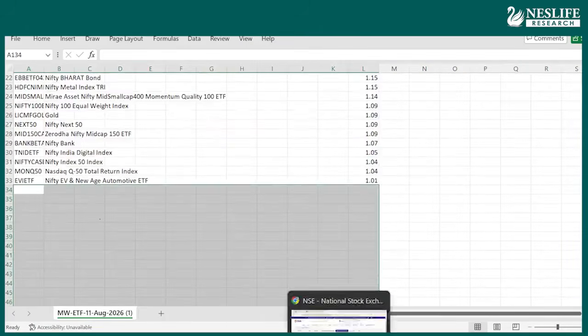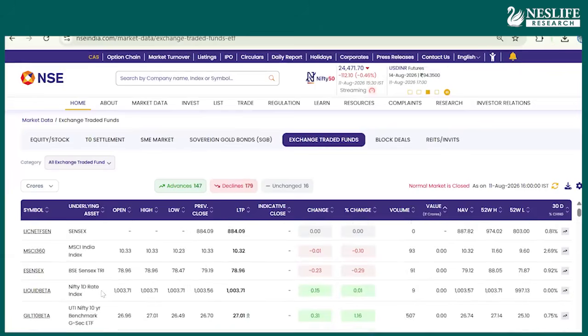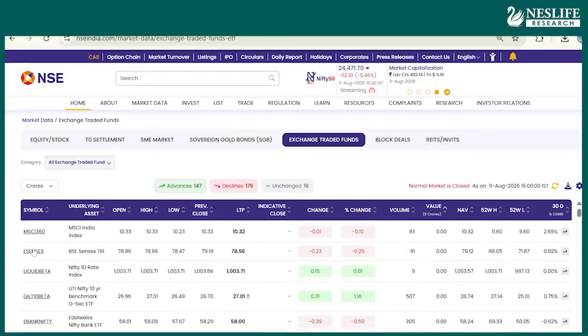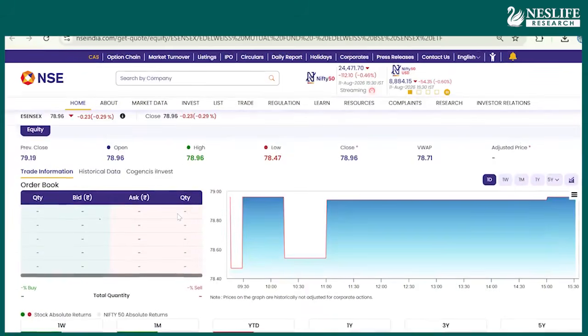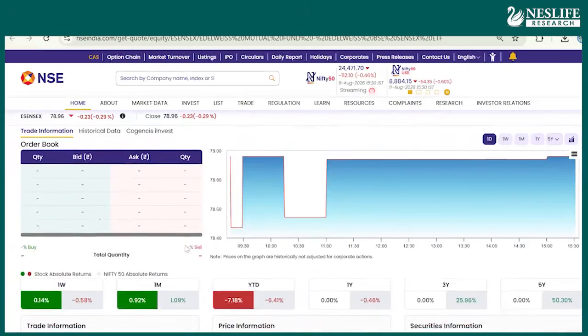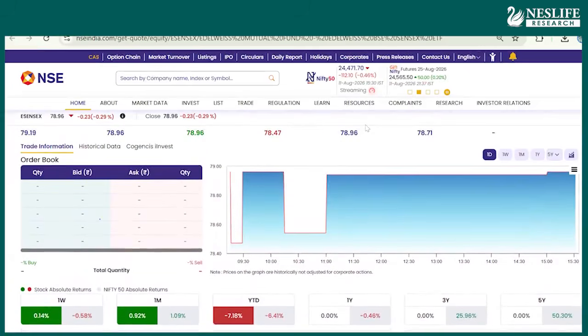Okay, because low liquidity has one more problem which I will show here. Suppose this is the fund. Since the market is now closed, you will not see the order book here. When the market is open, there will be bid and sell prices.